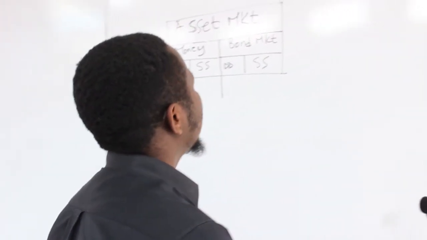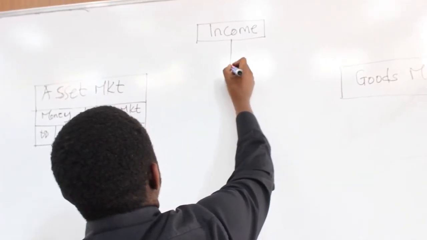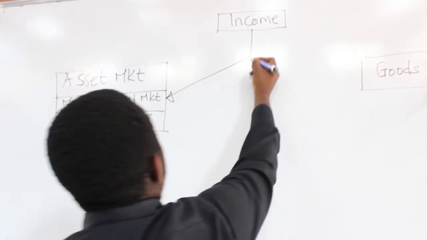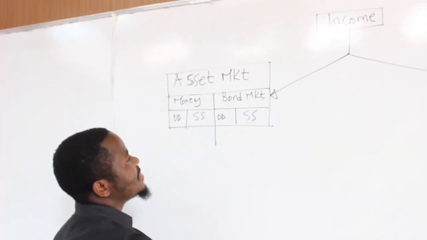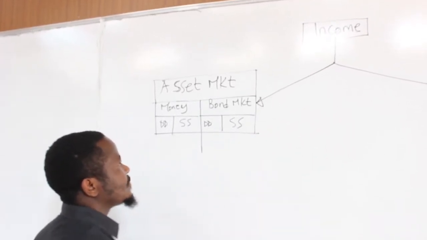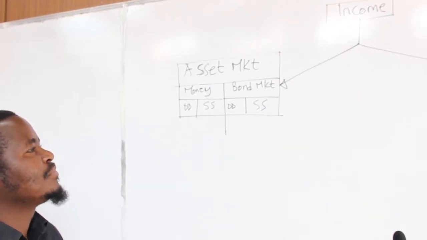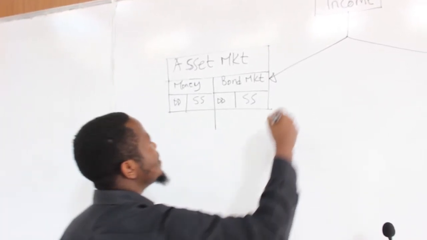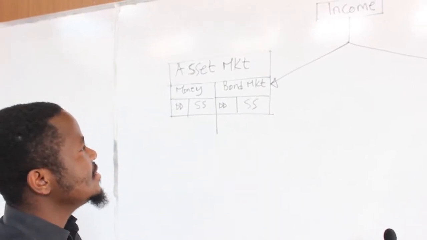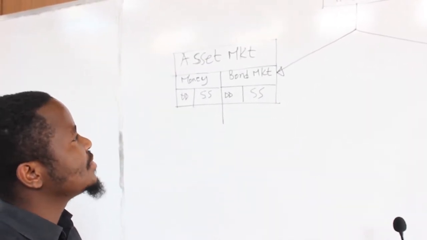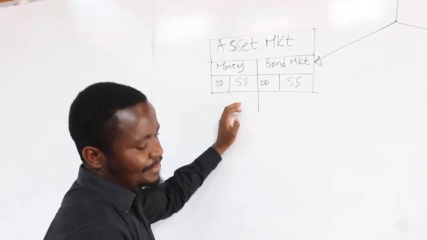Now, we assume that we have the level of income that might affect either the asset market or the goods market. To begin with, assume that individuals' incomes have increased in the economy. So assume there is an increase in the level of income that affects the asset market. Such an increase in the level of income is going to increase the money demand.